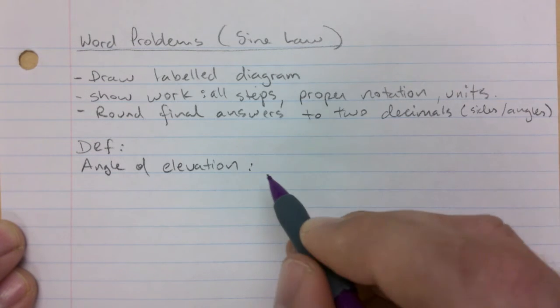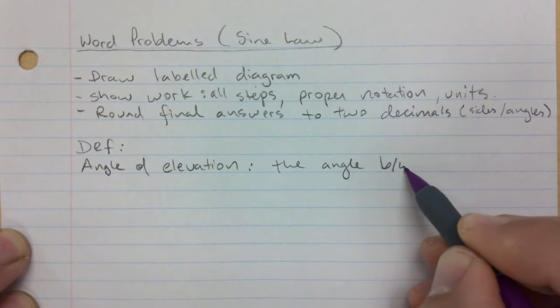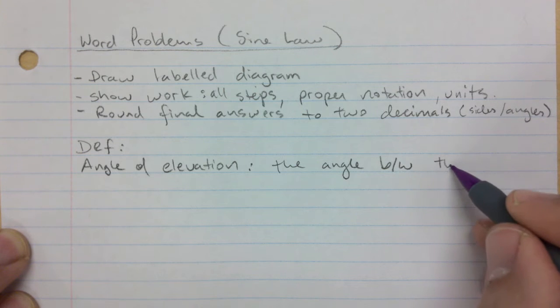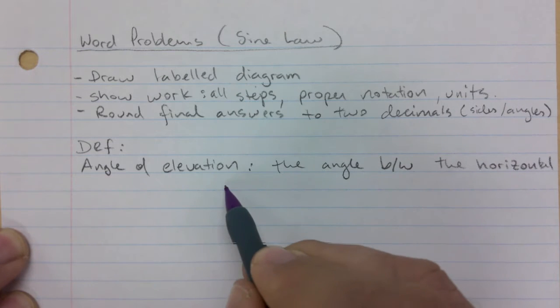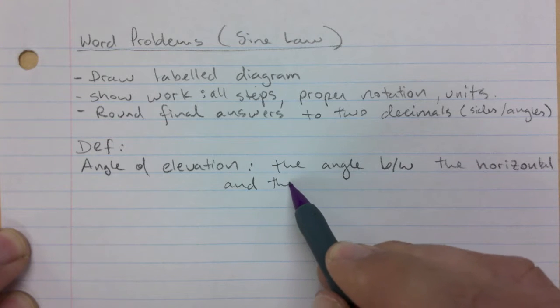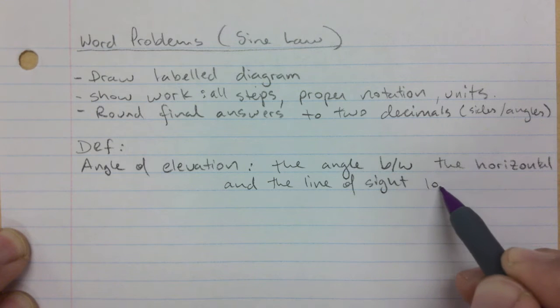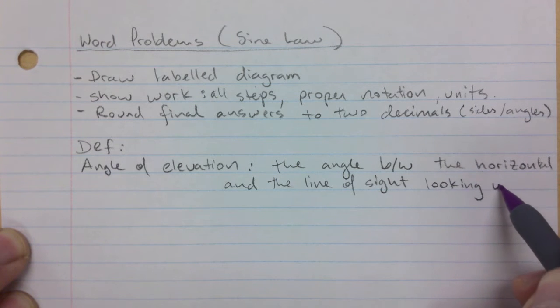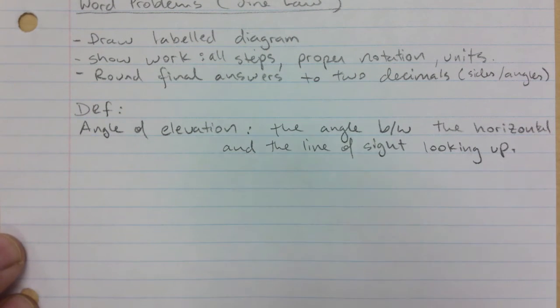And the angle of elevation is the angle between the horizontal and the line of sight looking up. Okay, and I'll have a diagram after this for both angle of elevation and depression.